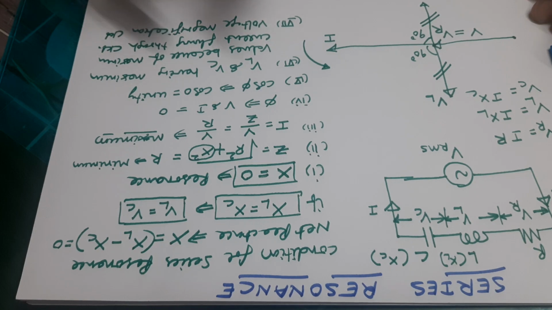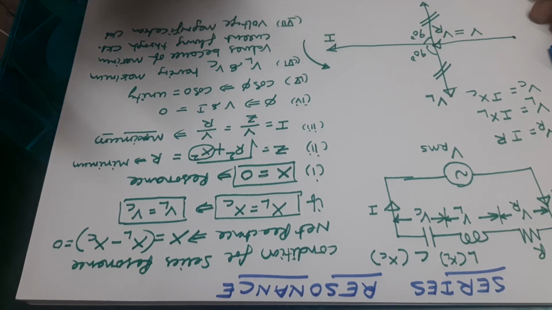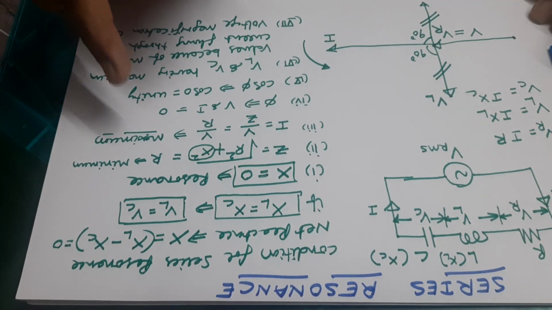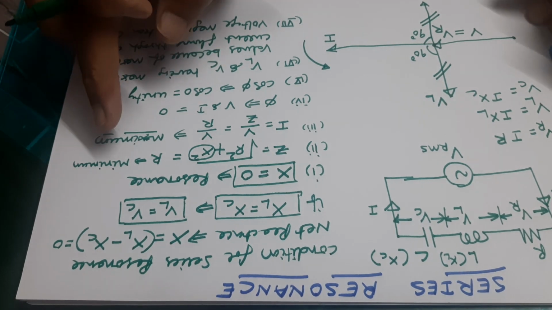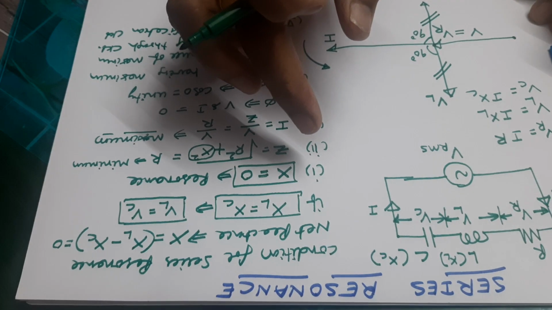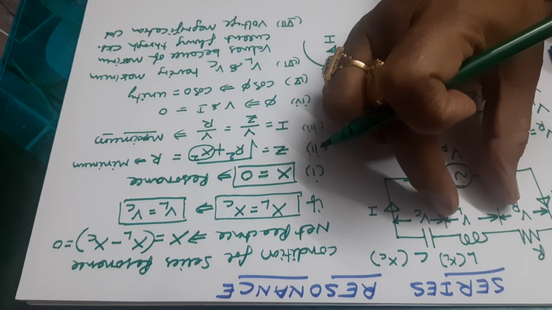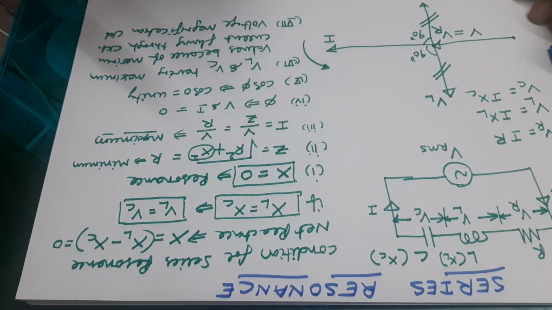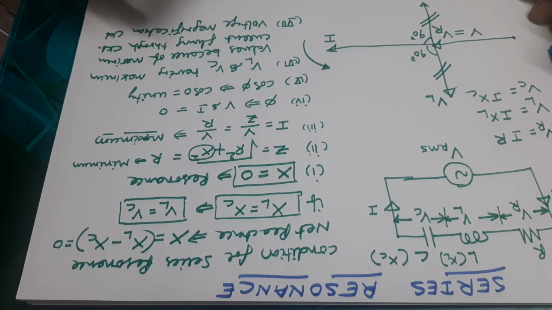Under resonance condition, this circuit offers very little impedance to the flow of current, therefore the current is maximum. Hence, the voltage drops across inductance and capacitance have maximum values. That's why this circuit is said to be a voltage magnification circuit.